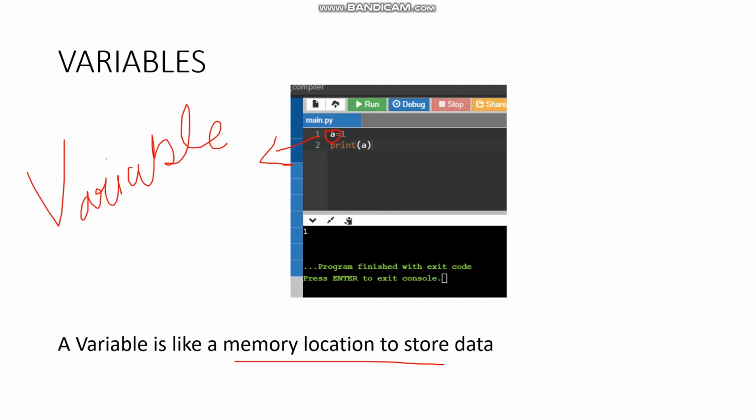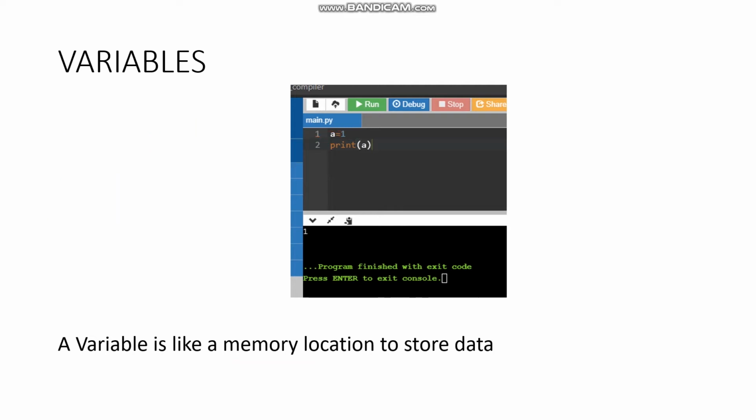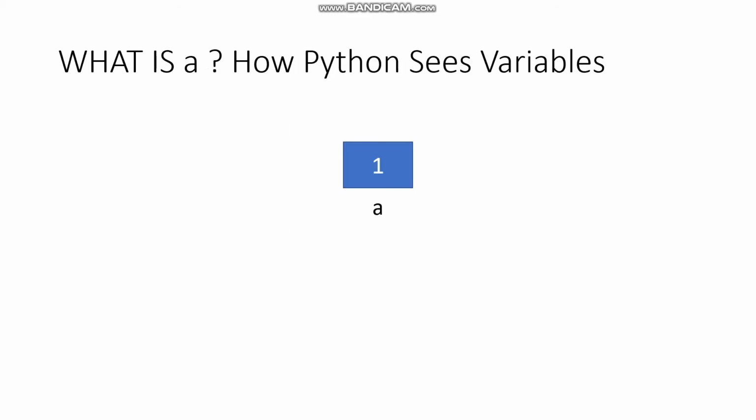What we are doing here is assigning the value 1 using the equal to operator. When we do this, a memory location is created with the name a, and the value 1 is stored in it.